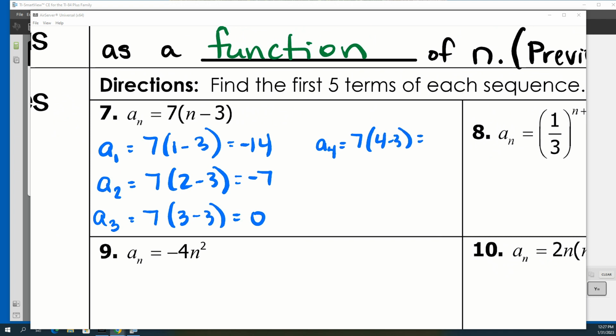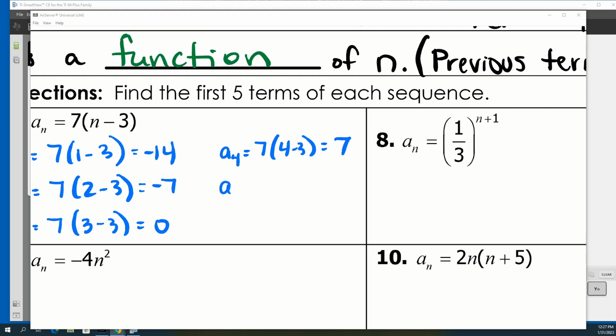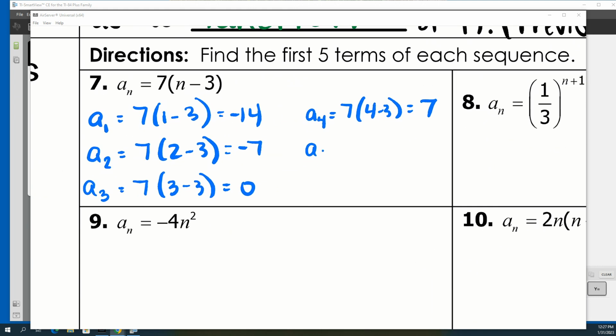Fourth term, I'll plug in 4. And then the fifth term, I'll plug in 5. So it's a totally different way to represent a sequence. We're still going to get a list of 5 terms. You just find them differently for explicit.